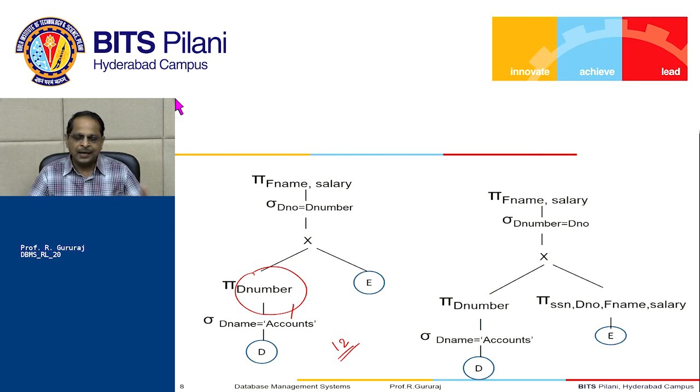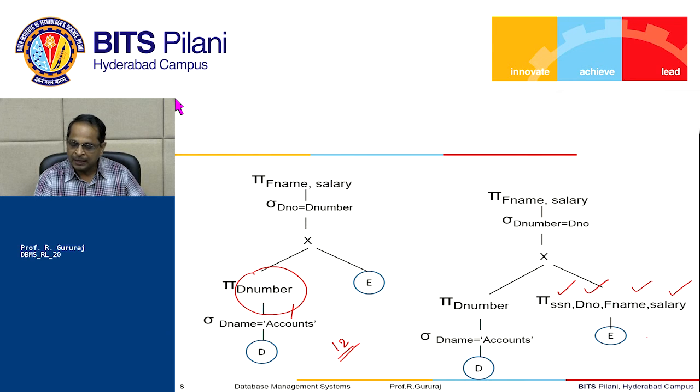Now let us look at the employee table and find out what optimizations I can apply. From the employee table, what attributes are required in the final result? Only the F name and salary are required. And then what attributes are required to perform a join operation with the department tuples? I require the department number, and of course I can maintain the SSN, which is the unique key.